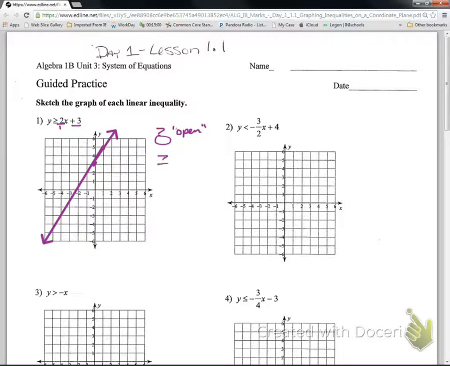Or if there was the greater than or equal to sign, where we had that equal sign underneath it, how this was closed? In a way, we have an open and closed line, but instead of saying open and closed, we're going to call it dashed, or solid.